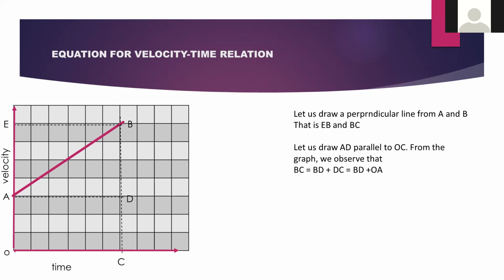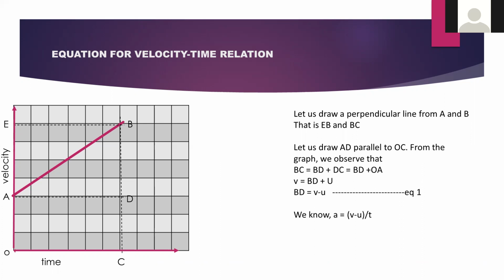We can write it as BD plus OA. Okay. Now, as I've told you, this BC is final velocity V, right? And OA is U. So in place of BC, we will write V. V is equal to BD plus U. So BD is equal to V minus U.